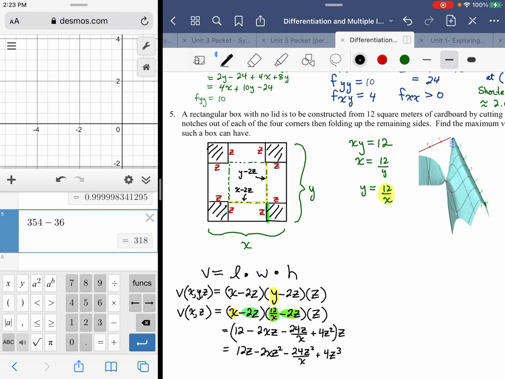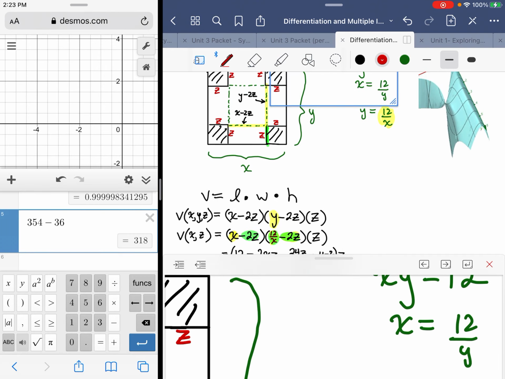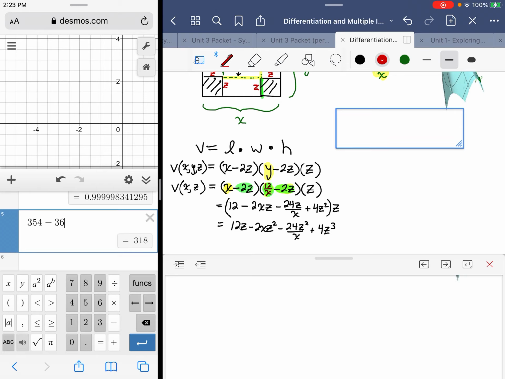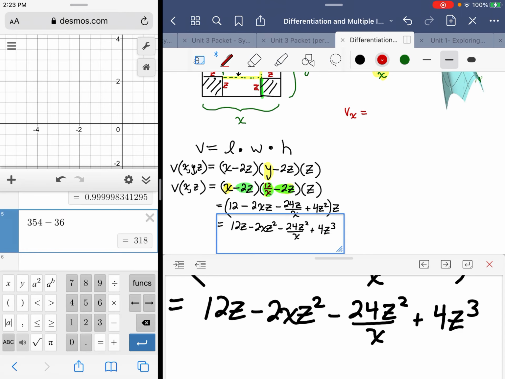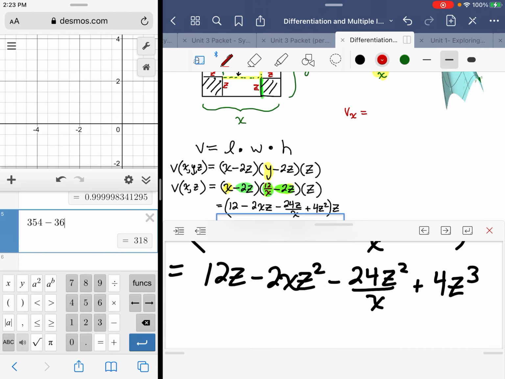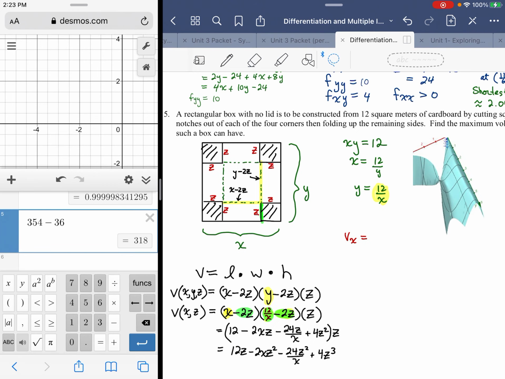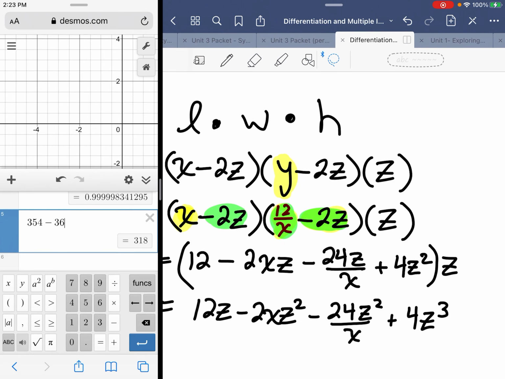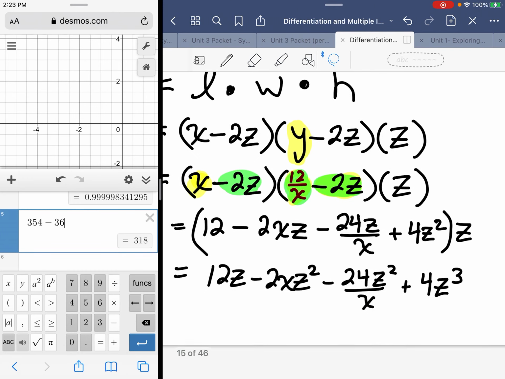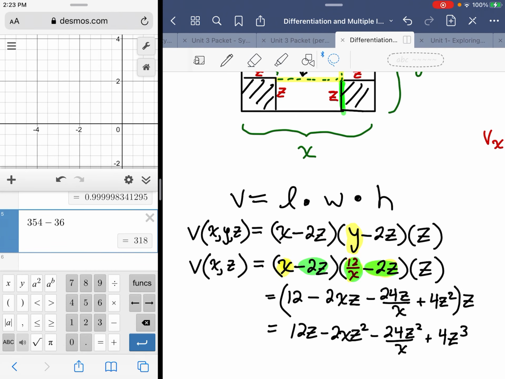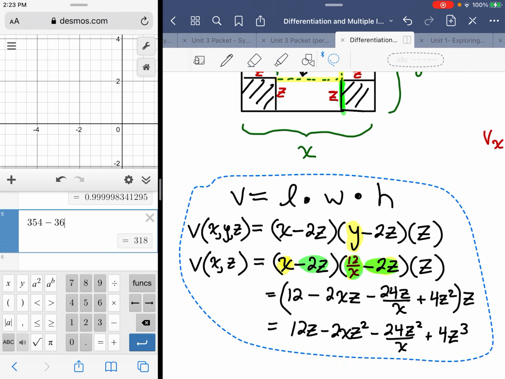So let's get our first order partials. I'm going to use my drawing tool here, or writing tool. So v sub x. Well, I guess before I do that, I probably want to write this slightly differently. Let me go back here, just to make life a little bit easier. And let me smidge this down in scale.